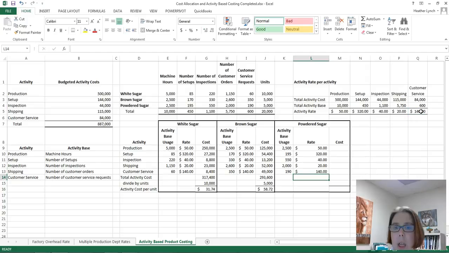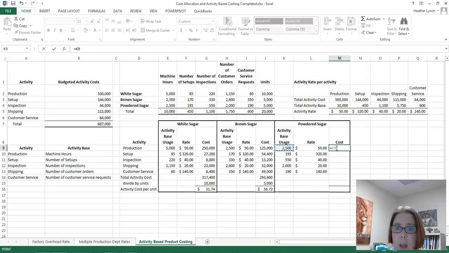So we can go down the line, multiply it out, 2,500 times our 50, 195 times our 320, 550 times our 40, 2,000 times our 20, and 190 times our 140.